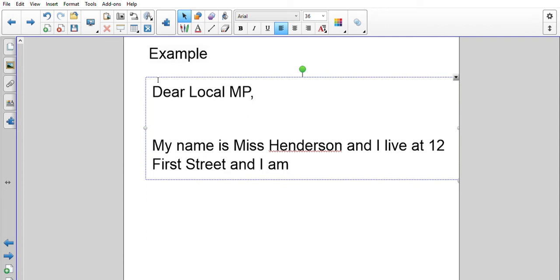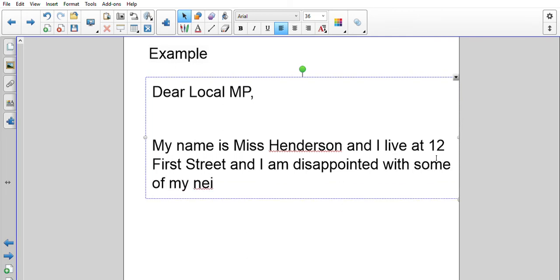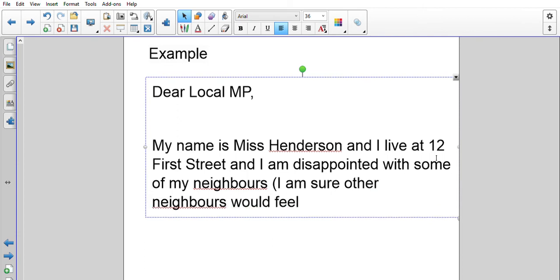And I am disappointed with, I've not spelt disappointed correctly there, disappointed with some of my neighbours. I am sure other neighbours would feel the same too. I haven't spelt neighbours incorrectly. My smartboard is Americanised, so it thinks I shouldn't have the U in there.